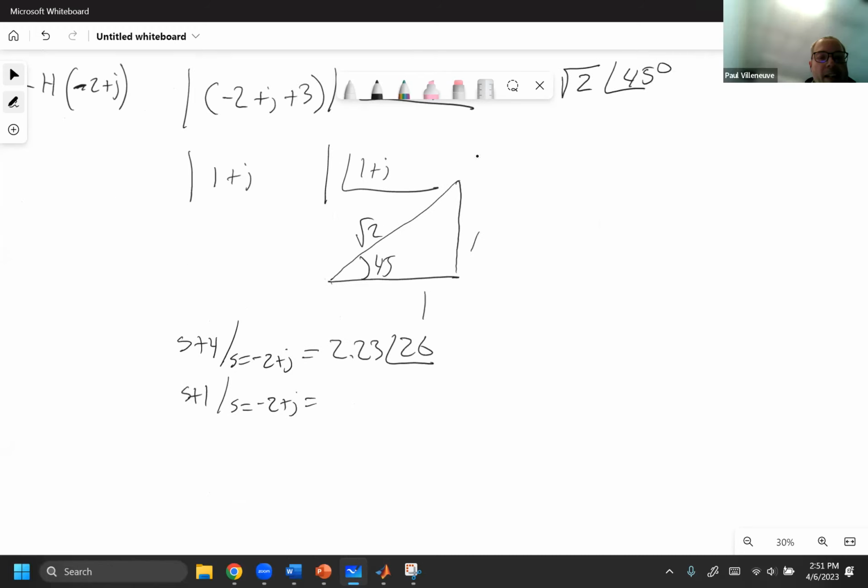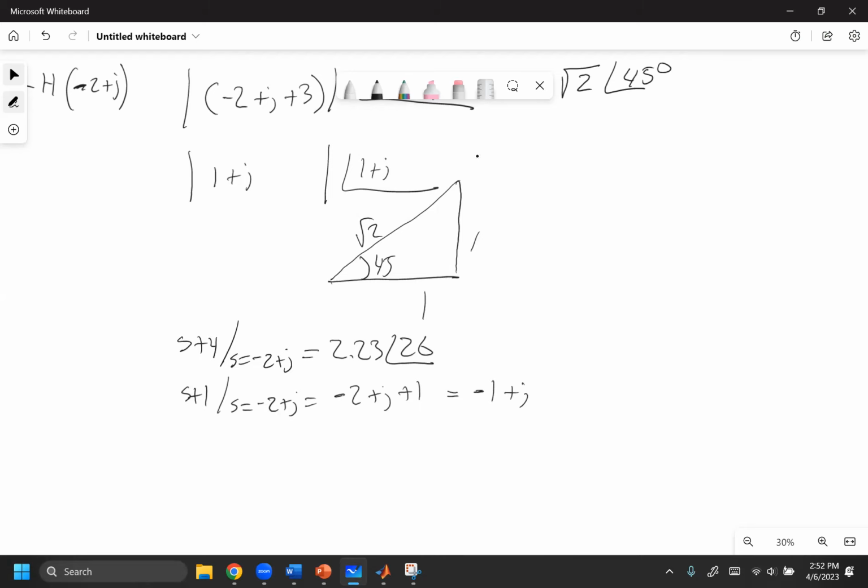So that's going to be equal to -2 plus J plus 1, which is equal to -1 plus J, correct? Correct.